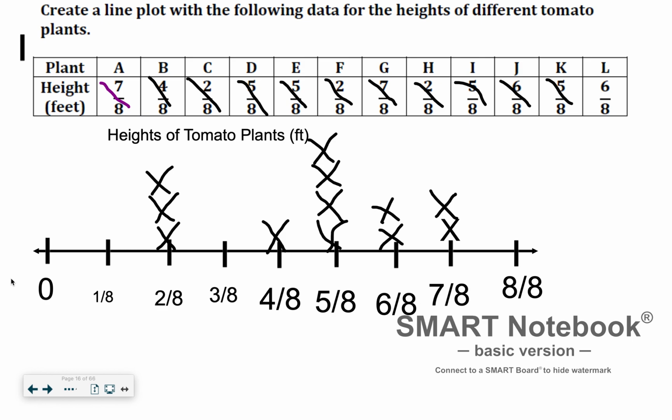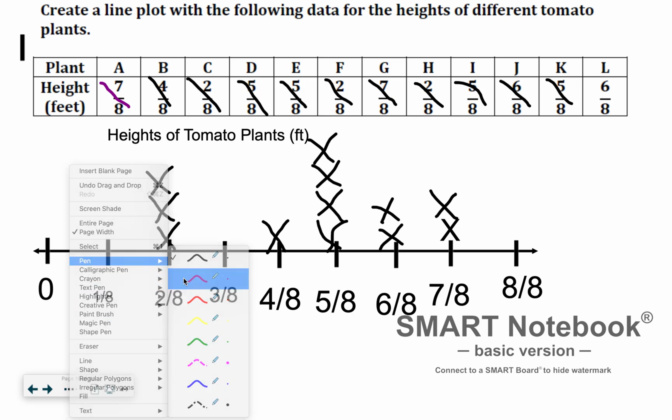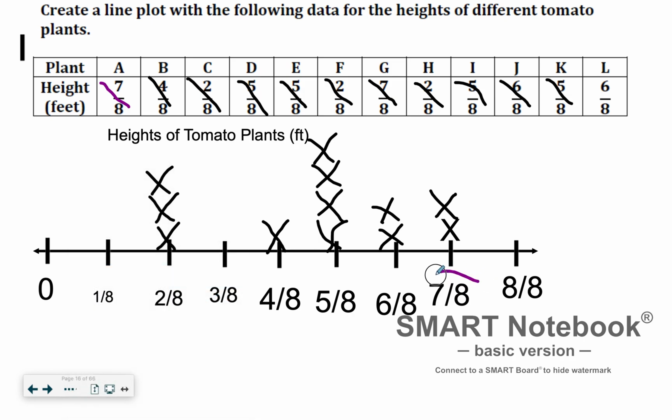We can also see what the tallest plant was and the shortest plant. The line plot allows us to quickly review and interpret the data set that we were given. So right away I can tell my tallest plant measured 7/8 feet and our shortest measured at 2/8 feet.